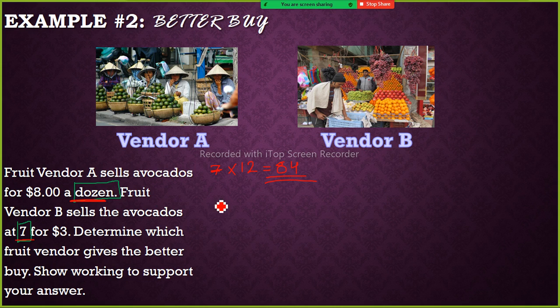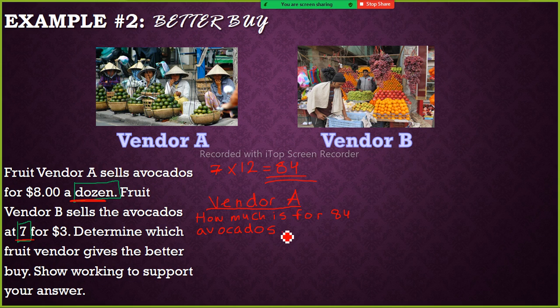Okay, so for vendor A, we're trying to figure out how much it costs for 84 avocados.